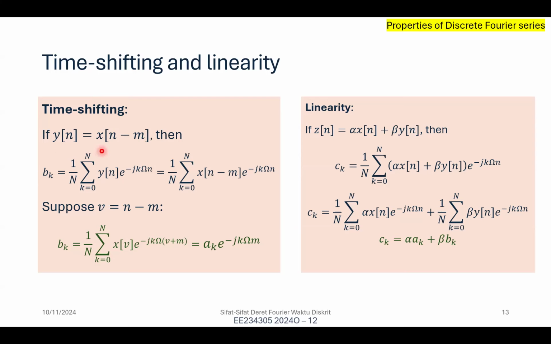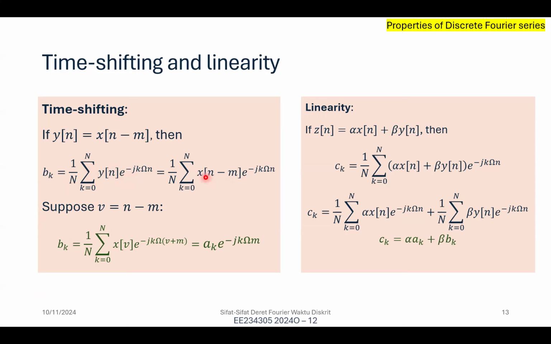For time shifting, if we have the discrete time signal x shifted, so x n minus m, and yn is x n minus m, then we have the value bk, which is the coefficient of y. bk is 1 over n times the sum of yn times e to the power of minus jk omega n.